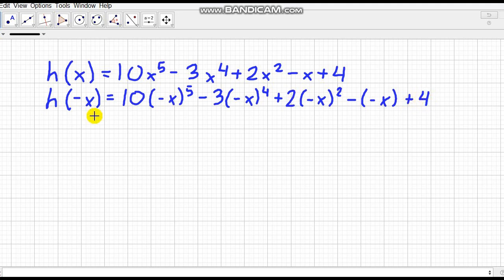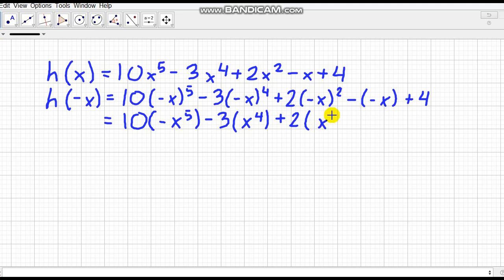Now we have here 10. The negative is raised to 5, which is odd, therefore it still remains negative. So this is negative x raised to the 5th power, minus 3. Then we have a negative raised to 4, which is even, therefore it becomes positive. So it becomes x raised to the 4th power, plus 2. Now this negative is raised to an even number, so it becomes positive.